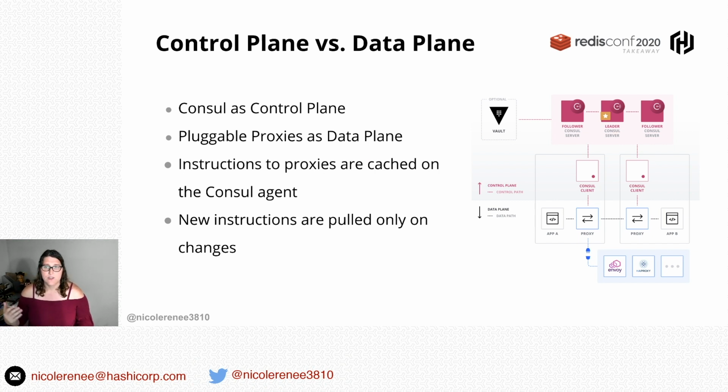And so this allows you to remove requirements for when your servers need to be upgraded, where if for some reason something happens and you lose your servers, all of your data plane communication can still continue.